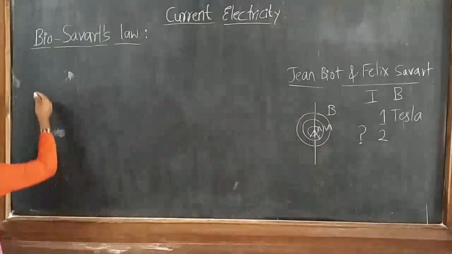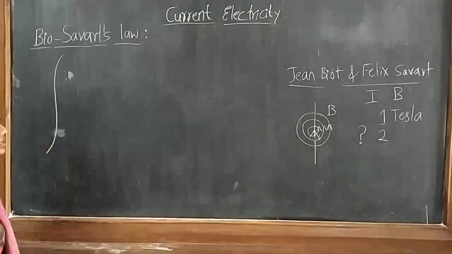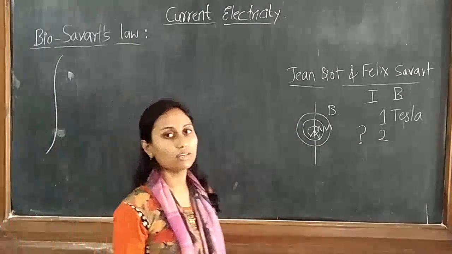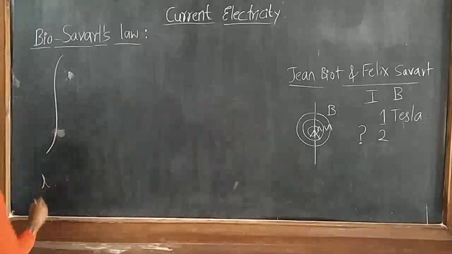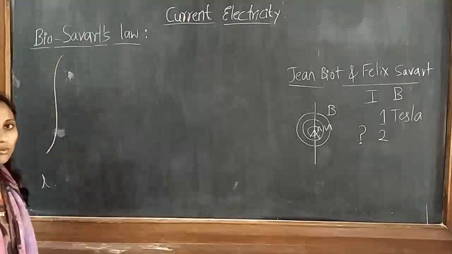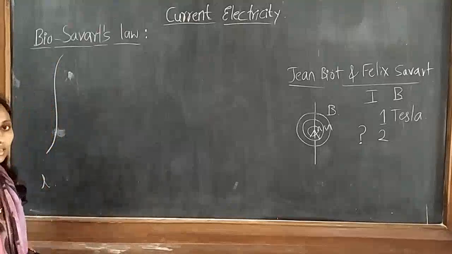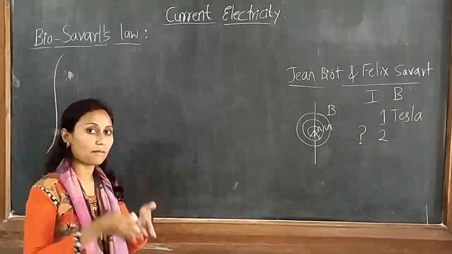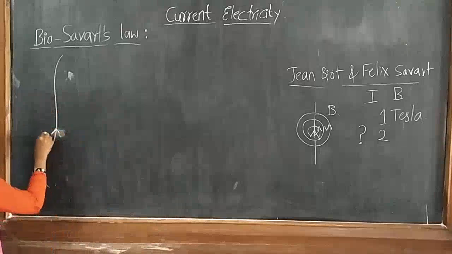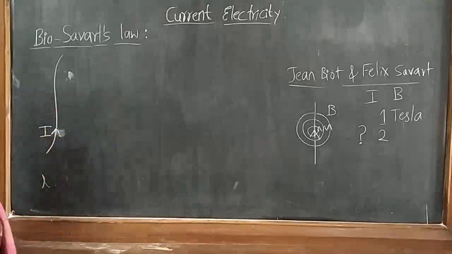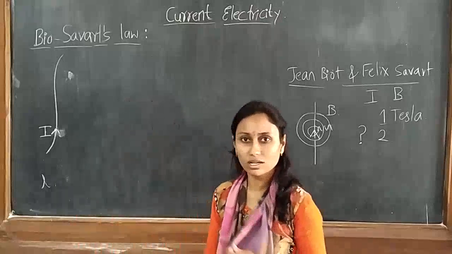So according to the Biot-Savart law, first we are taking one conductor which has a length. Let the length of the conductor be denoted by L. One long conducting wire is there, and its length is L. Then we are passing a certain current in the conductor, which I will denote by I. So that I is the current passing in the conductor.